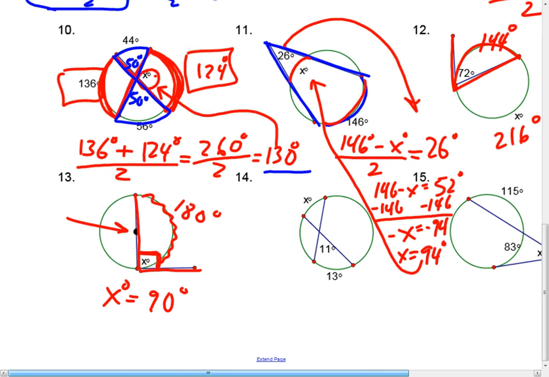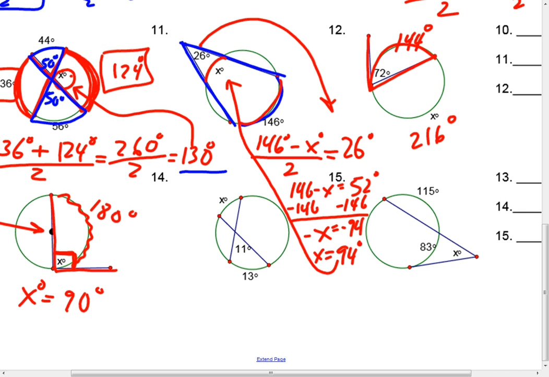Number 14. What's the rule for 2 chords? From our angles and arcs worksheet, what's our rule? What are we supposed to do? Add the arcs, divide by 2. So that's what I'm going to do. Here's an arc.